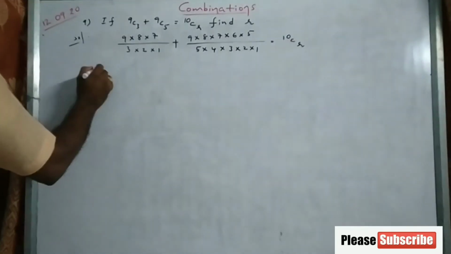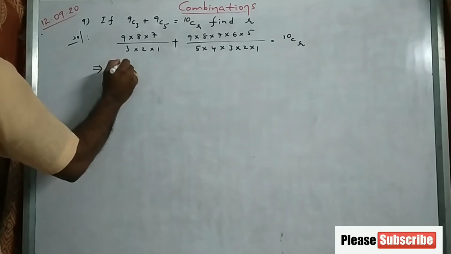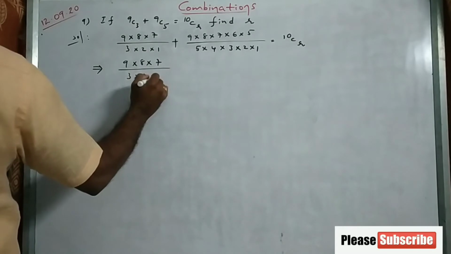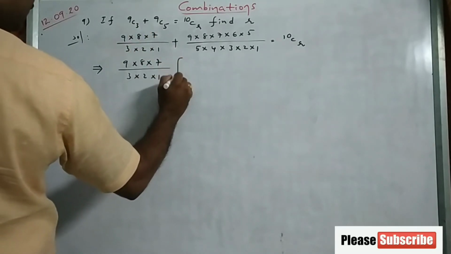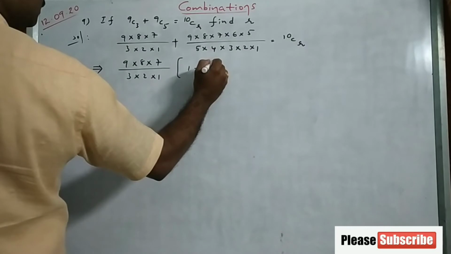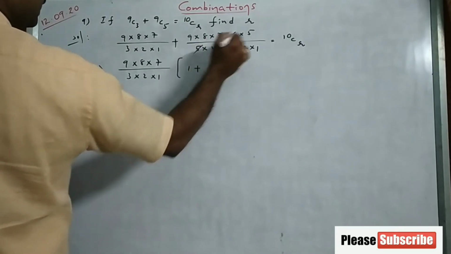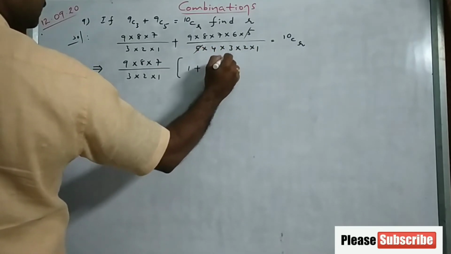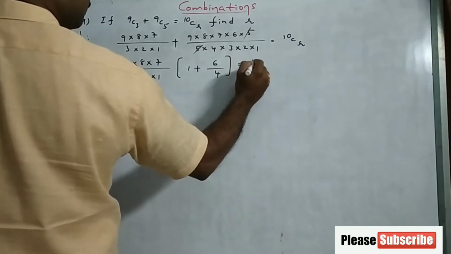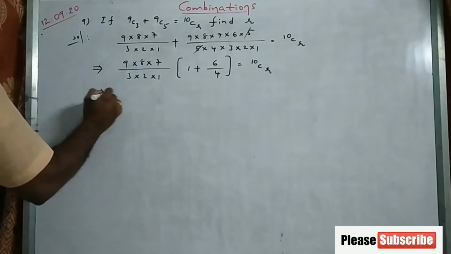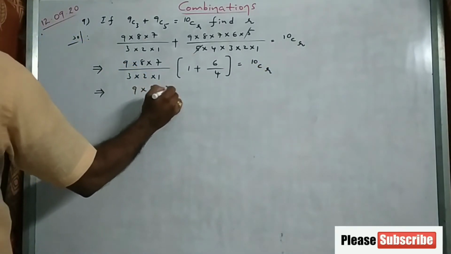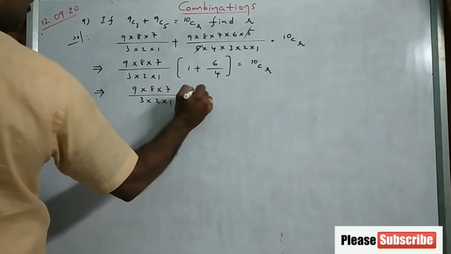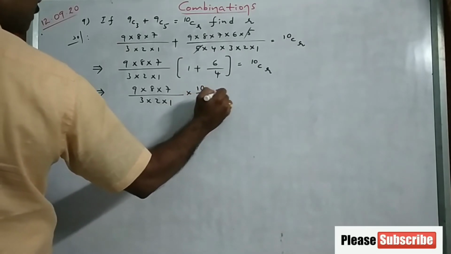Now what is the common term you see here? 9, 8, 7 upon 3, 2, 1 is fully common. If you take it out, 1 plus 6 fives are 30, you can cancel 5 fives. So 6 by 3 2 1 is gone, 4 is left, equal to 10CR. So 9 into 8 into 7 upon 3 2 1, with 4 plus 6, 10 by 4.